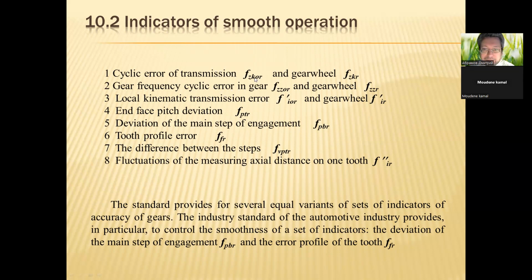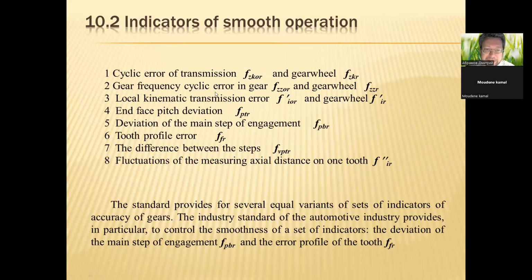The difference between the gear and gear well is the letter O. If we haven't letter O, it's about gear well. If you see ZKO R with O, it's about gear connection.